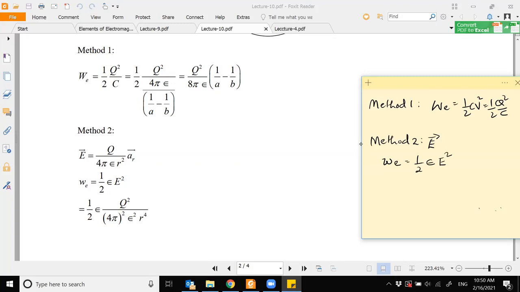From the energy density, you can find the energy, which is the integral of the energy density over the volume. So in method 2, from the electric field, find the energy density, and now integrate it over the volume.